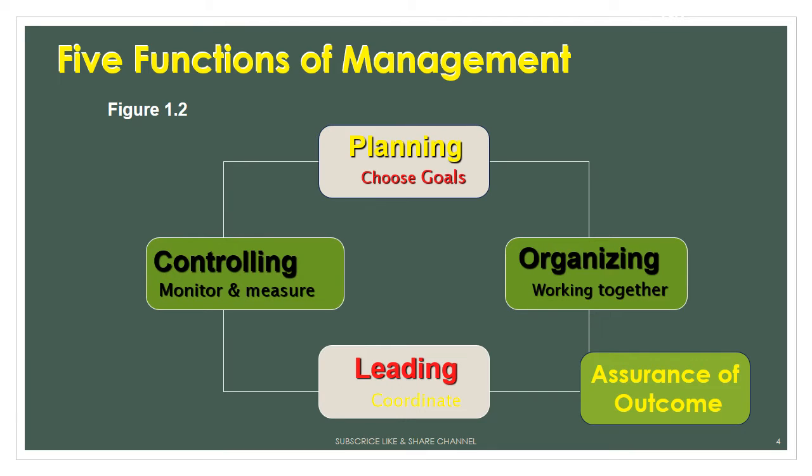But yes, you will see that I have titled these as five functions of management. The reason is that it has been said that assurance of outcome is the fifth function, which is very important as per the new global trends. So the first function is planning. In planning, what you basically do is choose the goals.